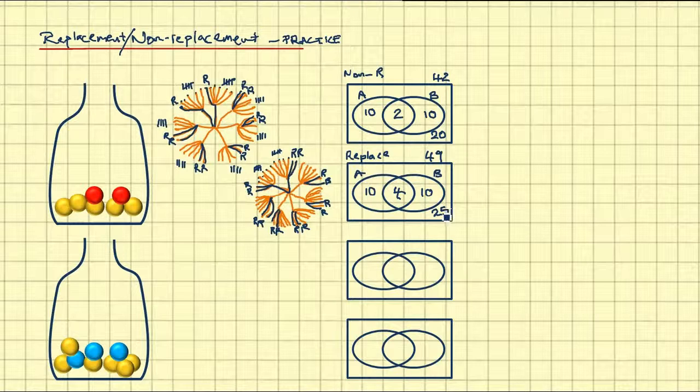So I should be able to look at my diagram and see 25 outcomes where we didn't choose a red at all, we only chose yellows. So that's going to be here.